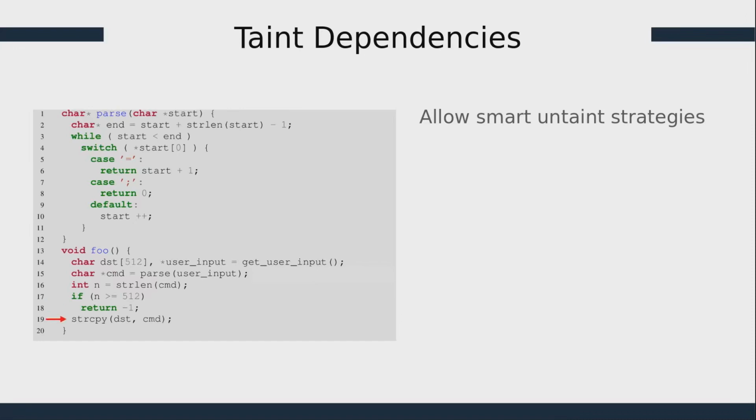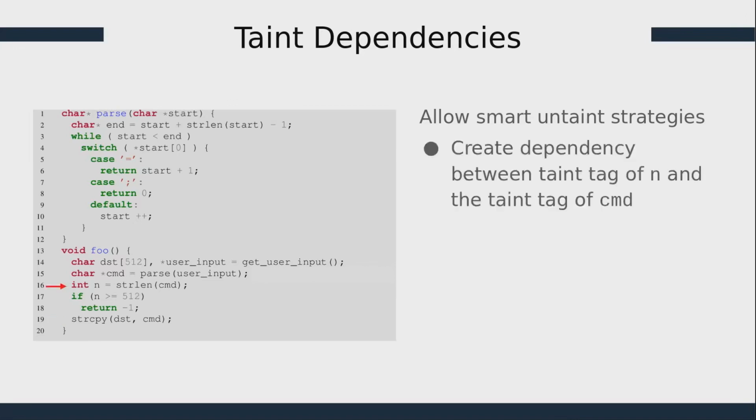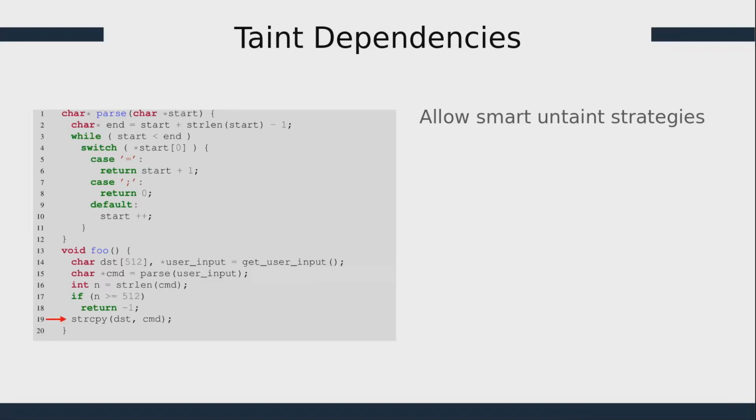Now, in this case, it might happen that if this string length function is not analyzed because of some static analysis imprecisions, the taint tag of command might be different from the taint tag of n. In this case, though n gets untainted, command is not untainted, and this string copy can raise a false positive.